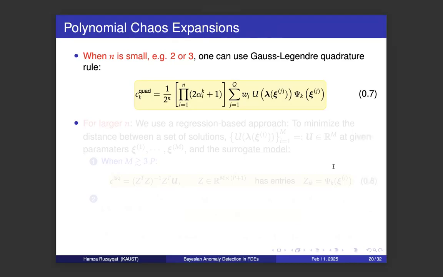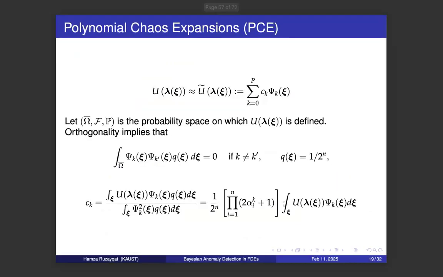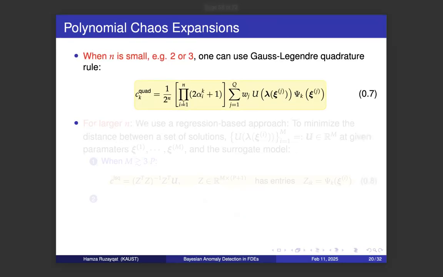Now, when n is small, for example 2 or 3, one can use a Gauss-Legendre quadrature rule to approximate this integral here. So you choose some Gauss points in the interval -1 to 1 to the power n, and you can get this coefficient c_k quad by this formula.